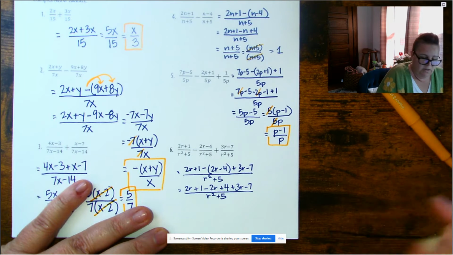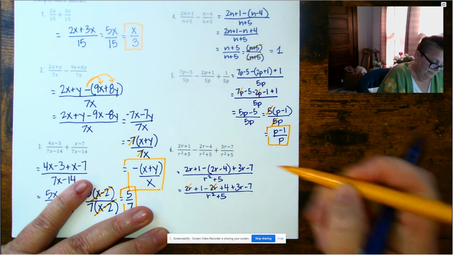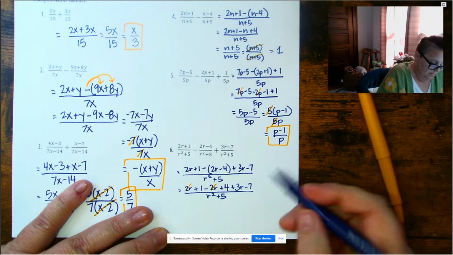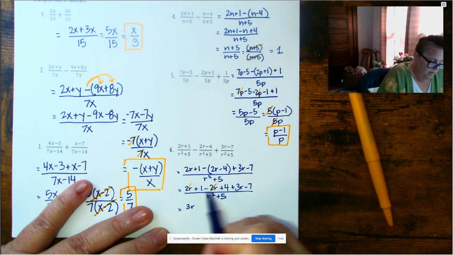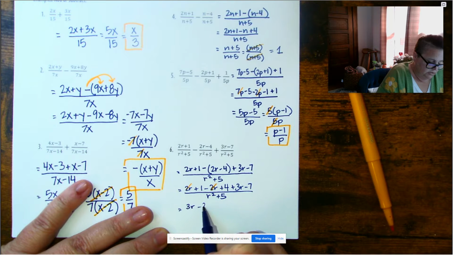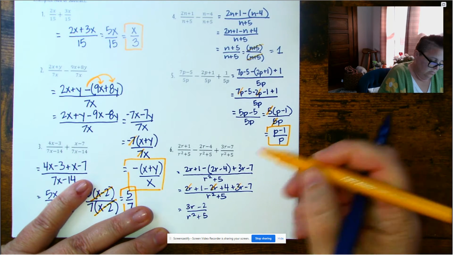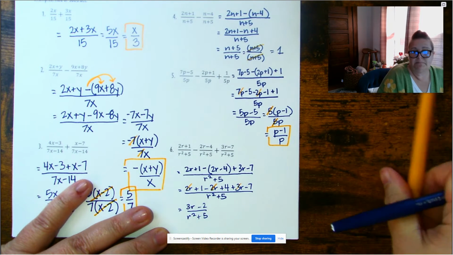2r minus 2r, plus 3r. And then I've got 3r minus 2 over r squared plus 5. 5 minus 2, yep.